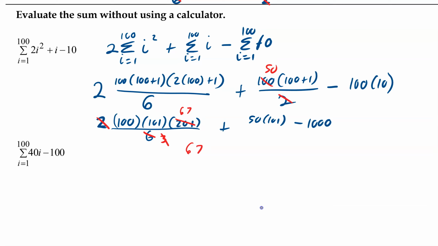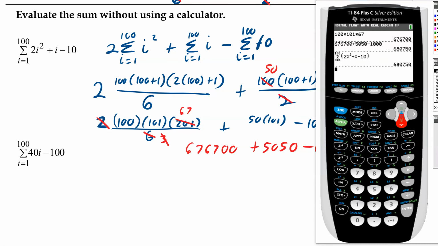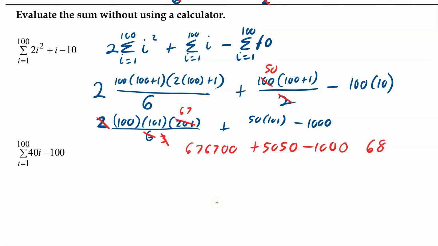That's nice. 676700 plus, and then this is 5050 minus 1,000. And then we plug it in the calculator, and we get 680750. And check it with the calculator as well, and it says 680750. So there's our summation. See, it's a lot quicker. Yes, the calculator will do it for us, but this is a nice, quick method to get through it.